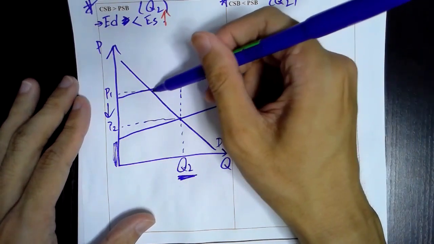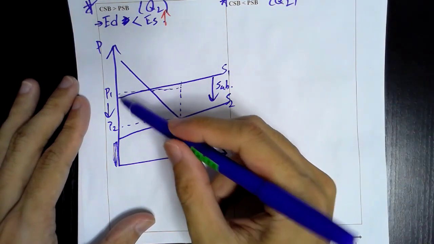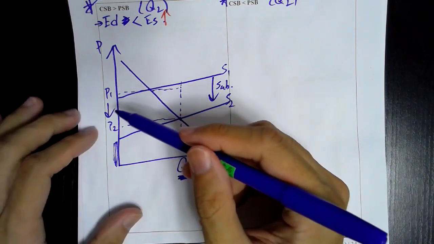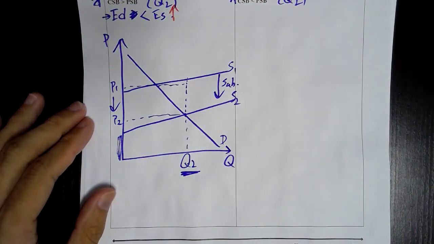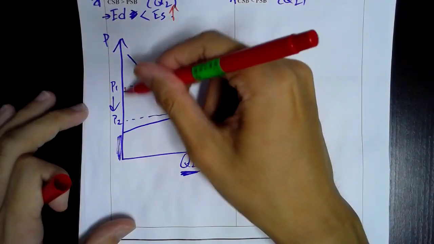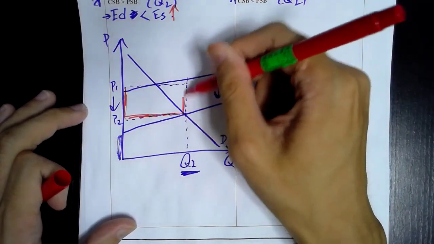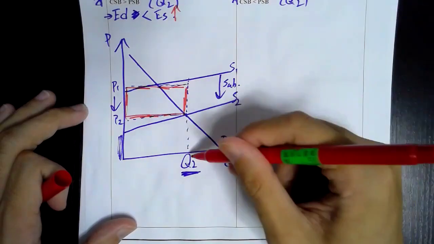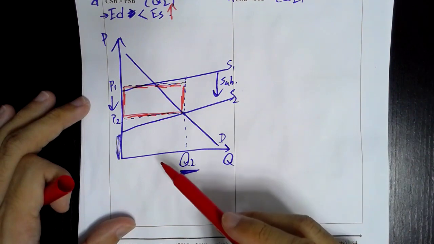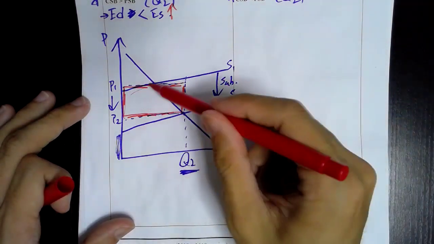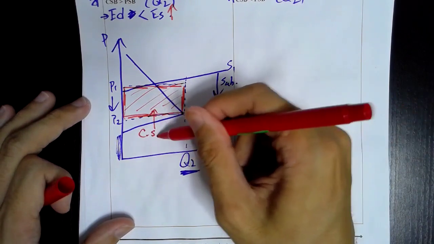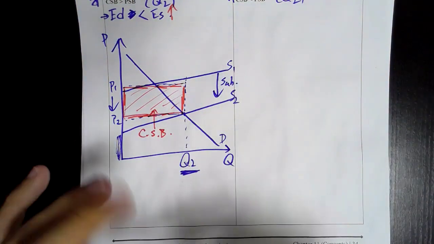Now, with the drop in price, who would benefit? Of course, the consumer would be the one to benefit. So this one goes all the way up to Q2, not Q1. That's why I deliberately don't mention Q1, so as not to confuse myself. This red box is what we call the consumer subsidy benefit.